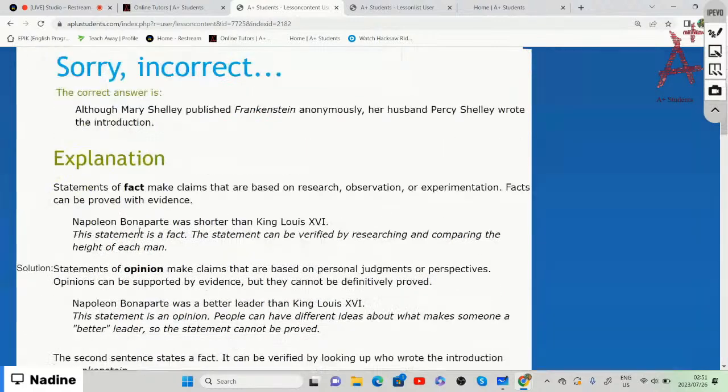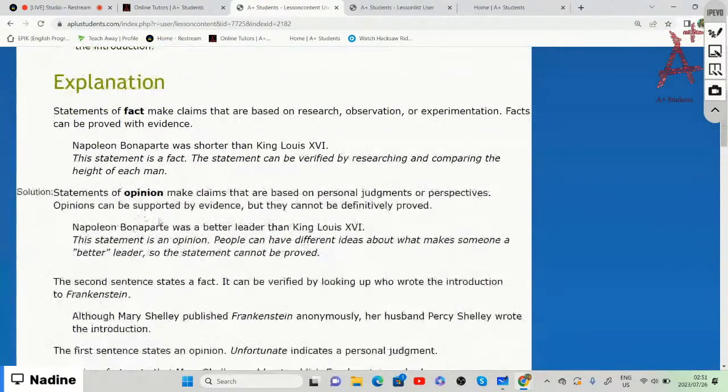Then we have an opinion. So statements of opinion make claims that are based on personal judgment or perspective, right? And yes, some of our opinions can be supported by evidence, but they cannot be definitely proven. Why? Because it is my opinion. This is what I think. This is my personal judgment. This is my perspective, right?